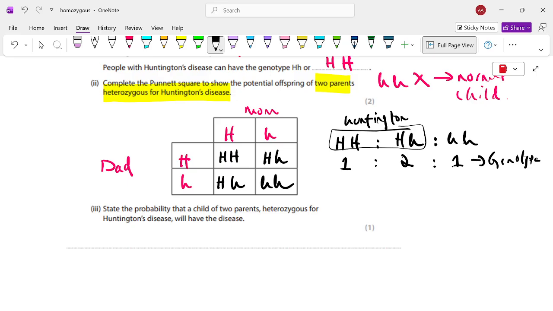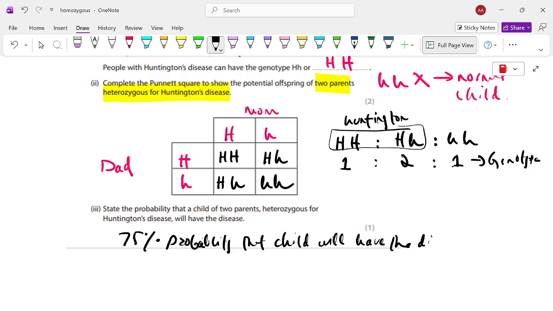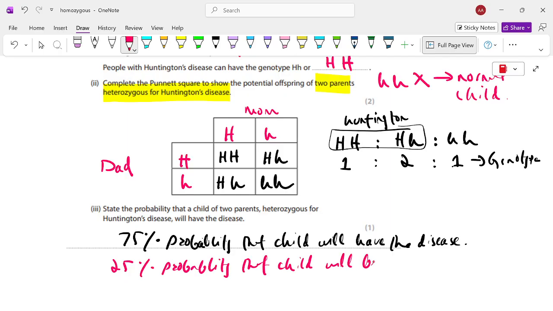So we are gonna say around 75% probability that the child will have the disease, okay? While there's only 25% probability that the child will be normal.